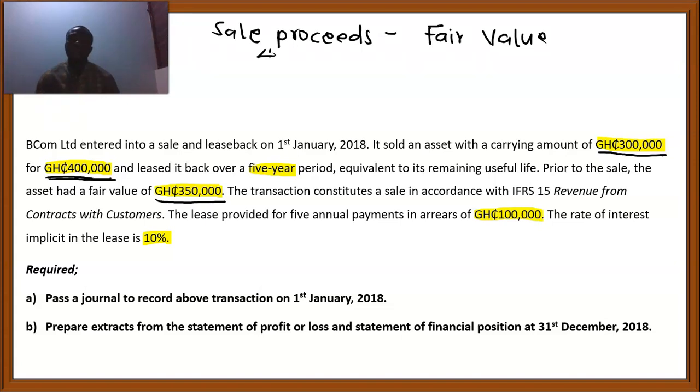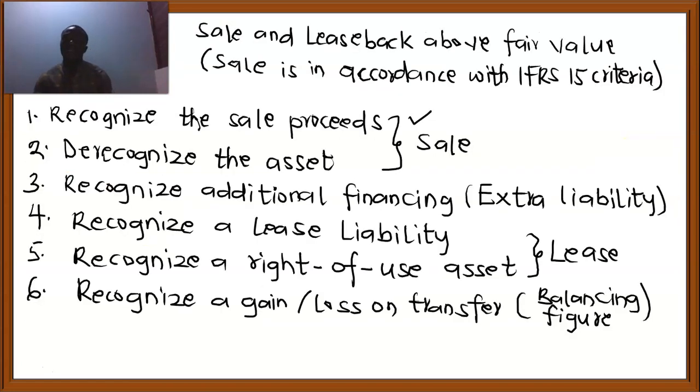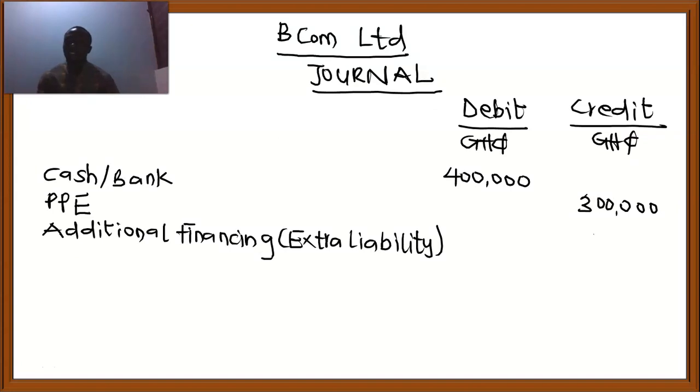This 50,000 excess should be recognized as additional financing, because the buyer-lessor is giving Become Limited more than is due on the basis of the fair value of the asset. So we have 50,000 as extra liability or additional financing.